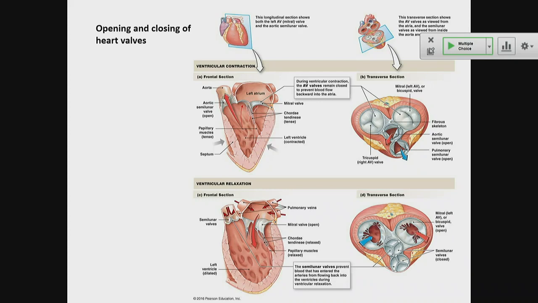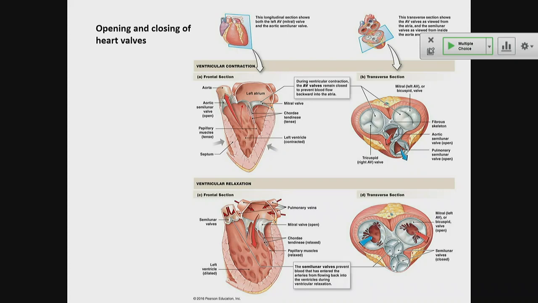The heart valves prevent backflow. You can see here that during ventricular contraction, and we're talking about the left side of the heart now, the mitral valve is closed and the semilunar valve is open.